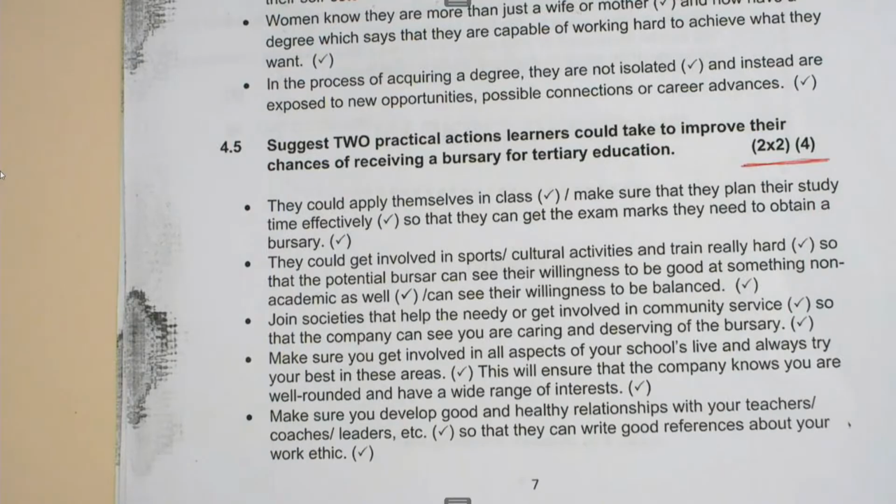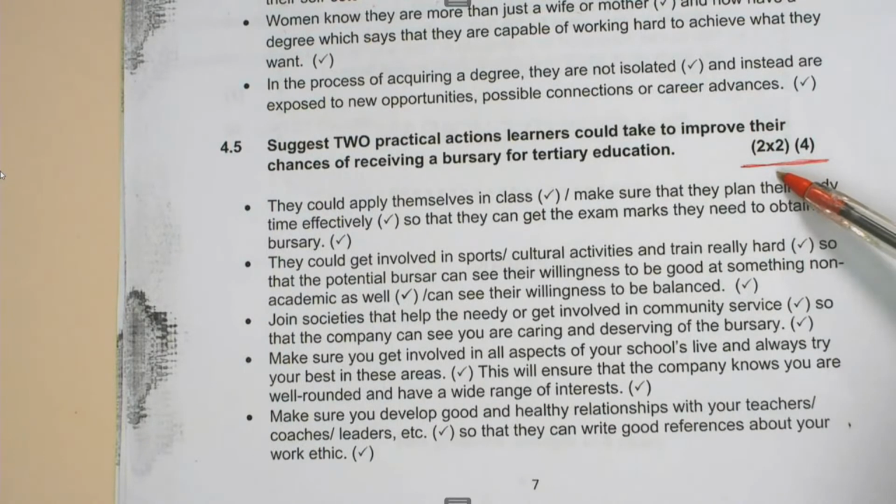Make sure you develop good and healthy relationships with your teachers, coaches, and leaders so that they can write good references about your work ethic. Remember that when they go to university, the references are needed from school, the testimonials. Now we have looked at the mark allocation.